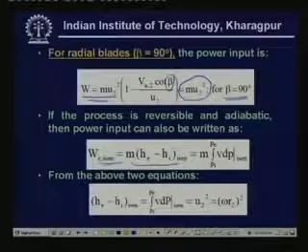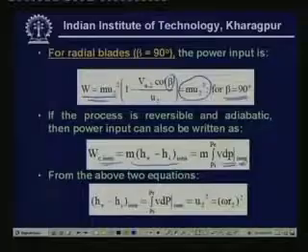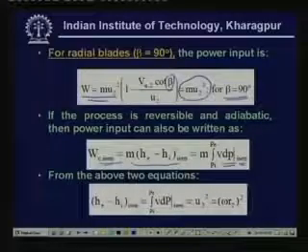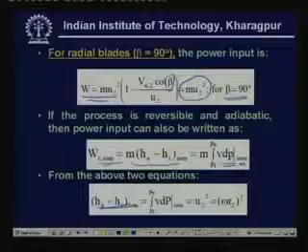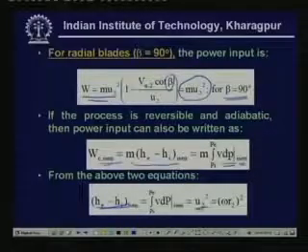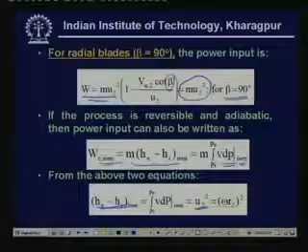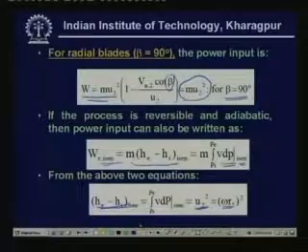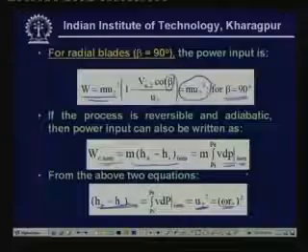This, as we have seen, is nothing but m into integral VdP from Pi to Pe along the isentropic process. So if you equate these two equations, you finally find that the enthalpy rise for the isentropic process is linked to your tip speed U2 square, and tip speed is nothing but the product of rotational speed into the radius of the impeller. That is how we link the enthalpy rise to the blade parameters.